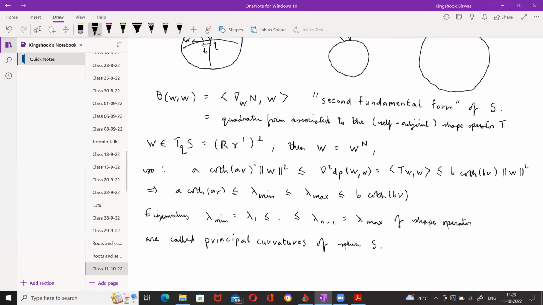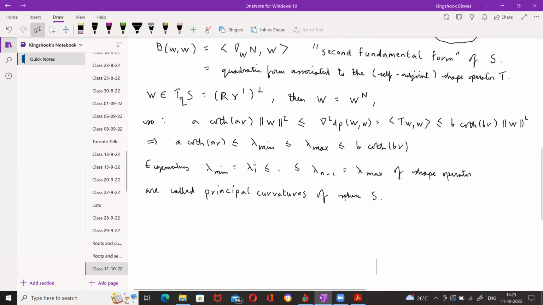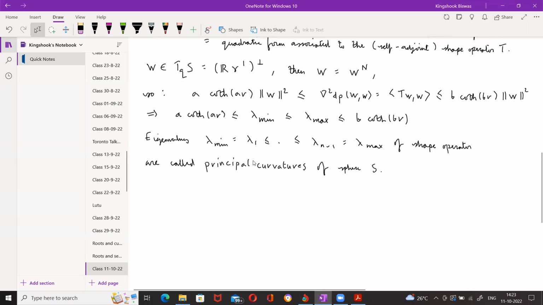So the eigenvectors of the shape operator correspond to directions where the change in the normal is proportional to the direction you're moving in, right?